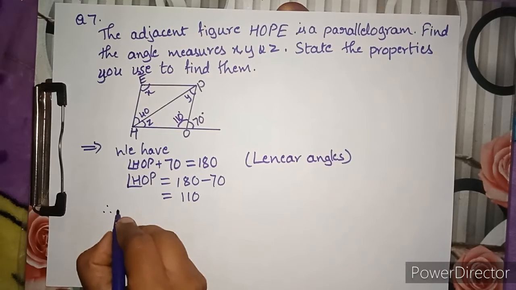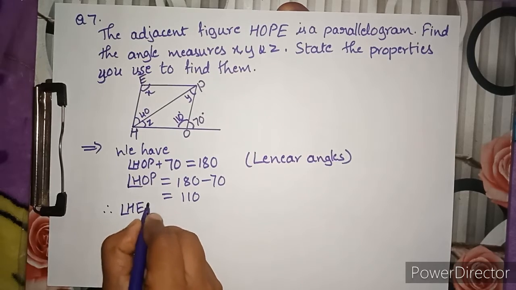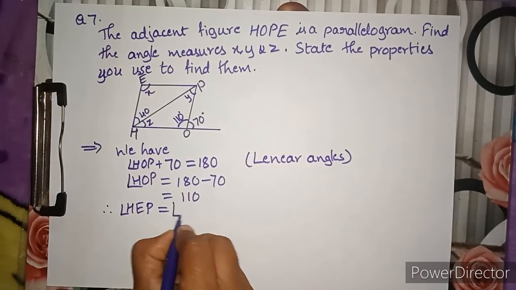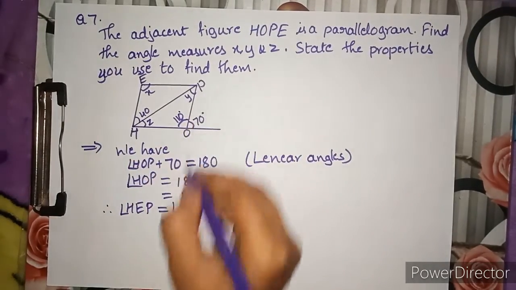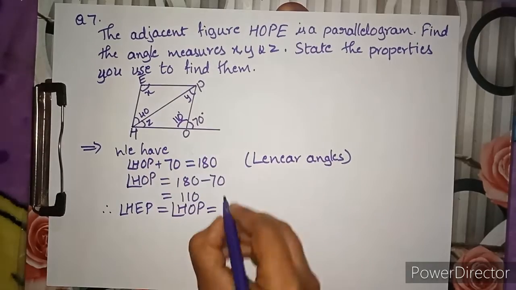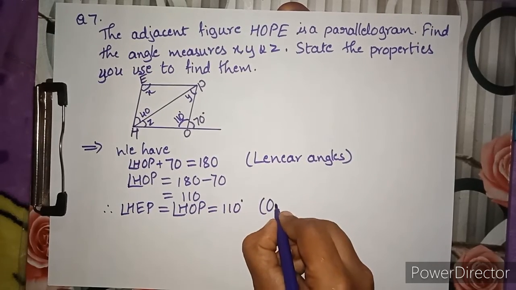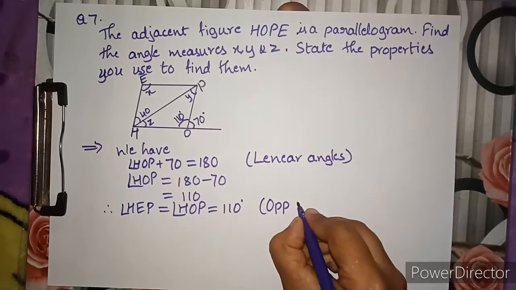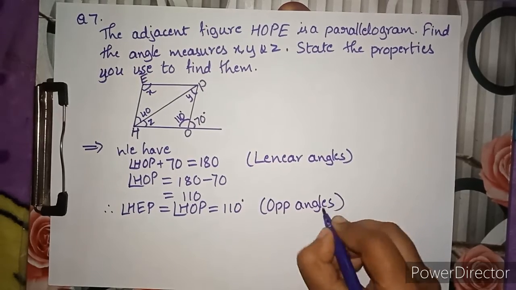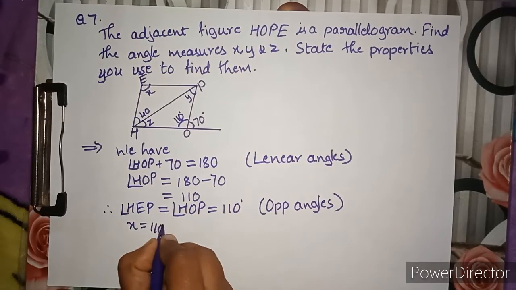Therefore, angle HEP, this angle, is equal to angle HOP. HOP is equal to 110 degrees. The property we use is opposite angles of a parallelogram are equal. So x is equal to 110 degrees.